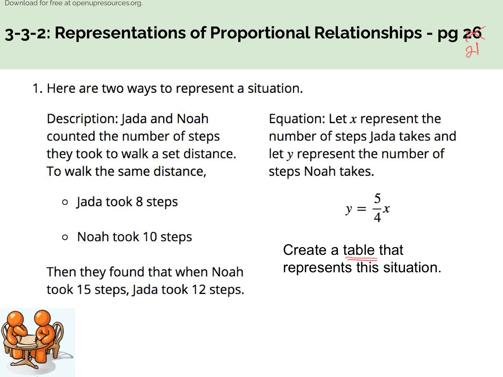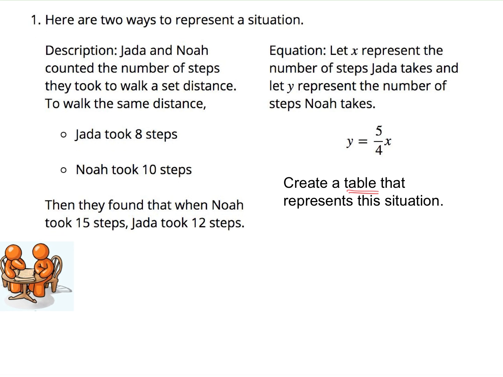Our table, yes, we're going to have our X and our Y. X is Jada. Y is Noah. So when Jada took 8 steps, Noah took 10 steps. And then when Jada was 12, Noah was 15.